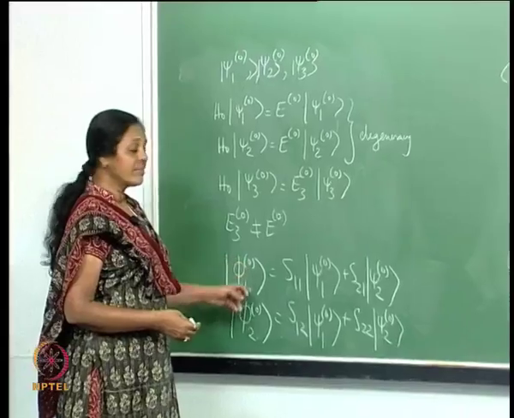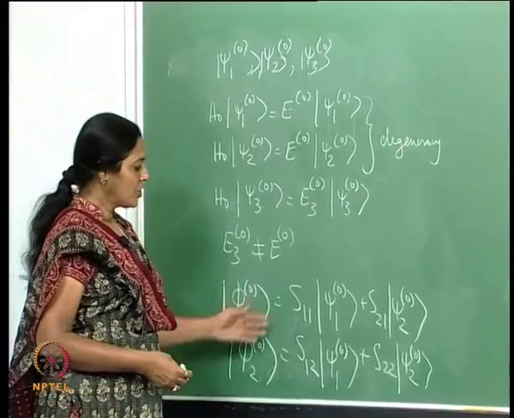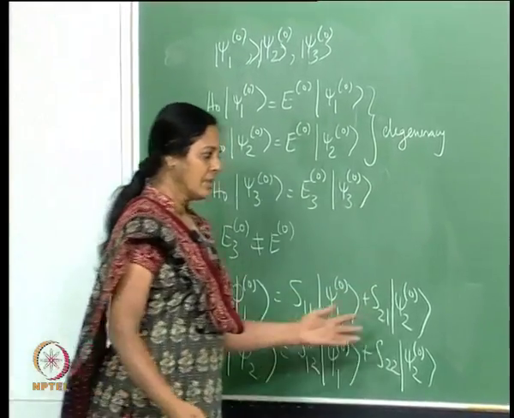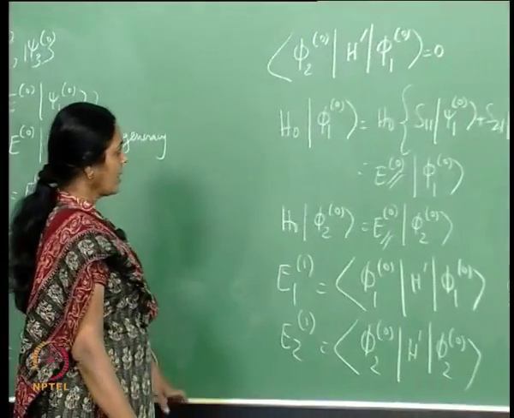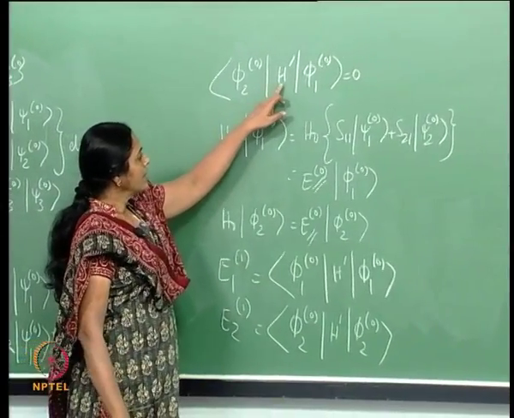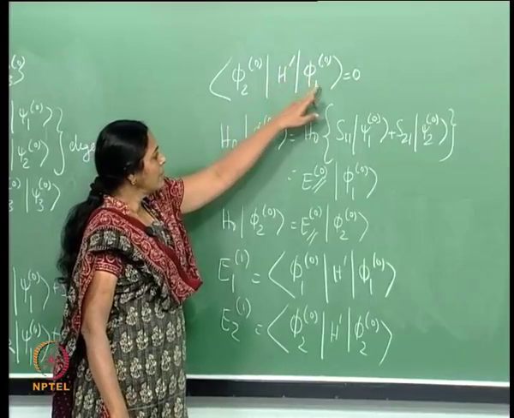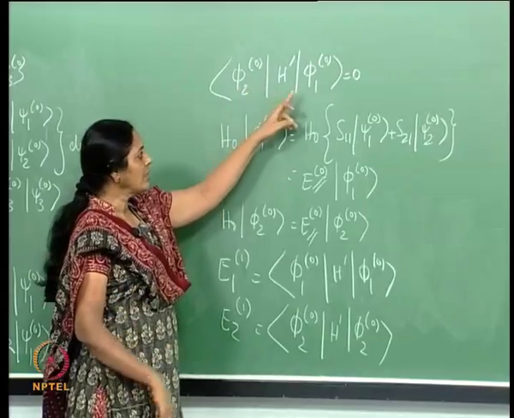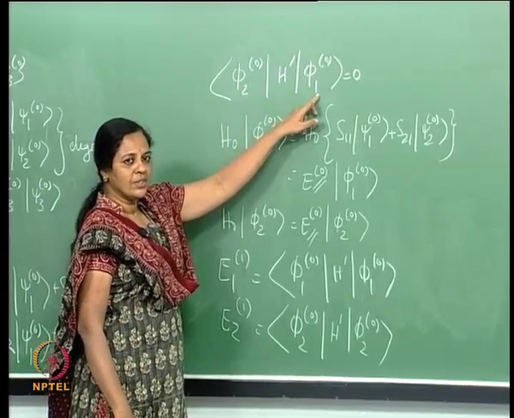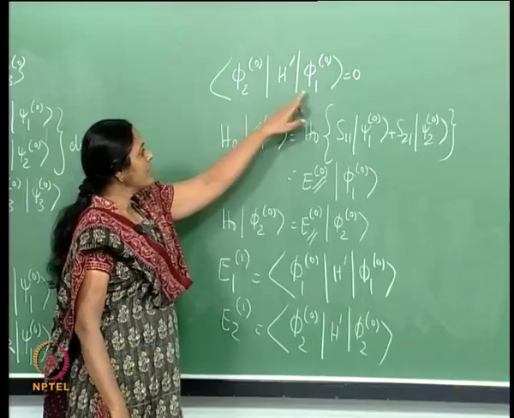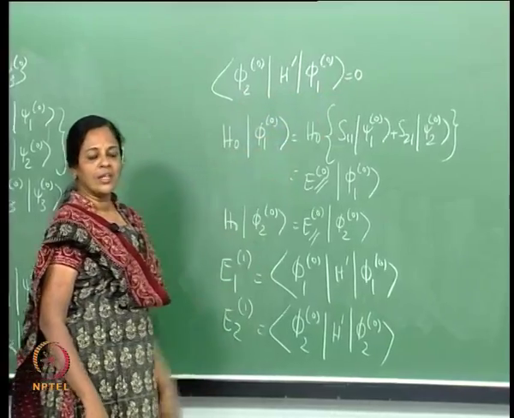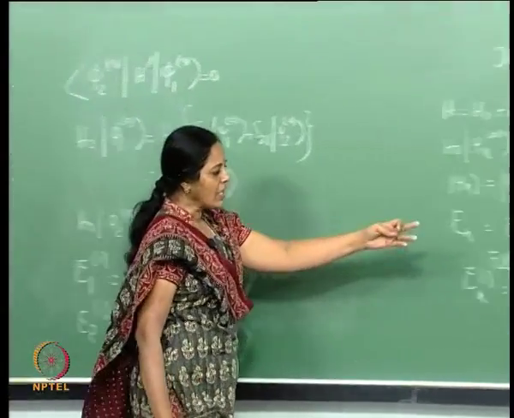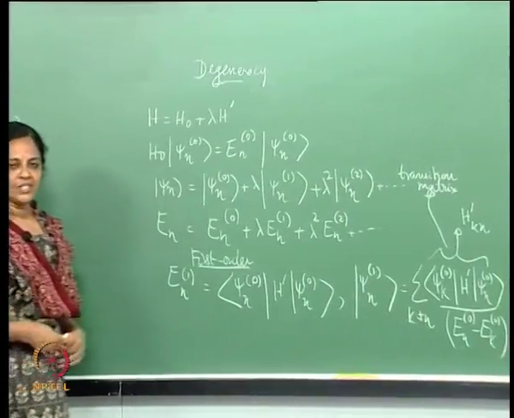And in that case, I will have G linear combinations, and I should work with them. And I will demand that H prime phi k phi n, where k can take values 1 to G and n can take values 1 to G, if k is not equal to n, is 0 in order to carry out my perturbative calculation.